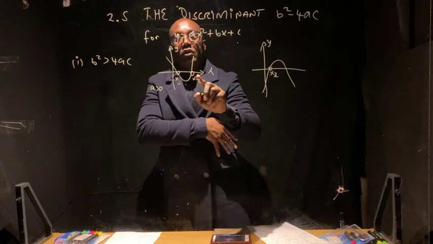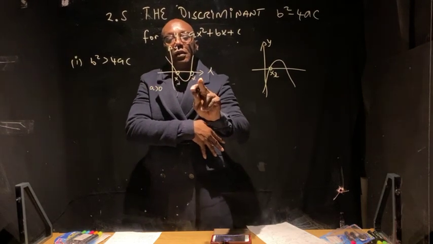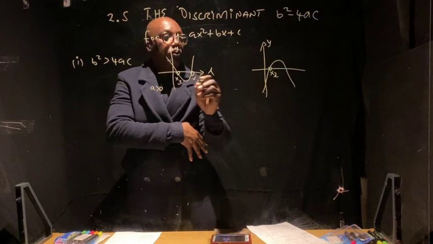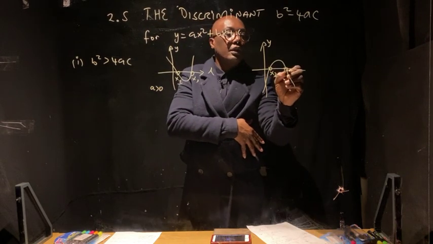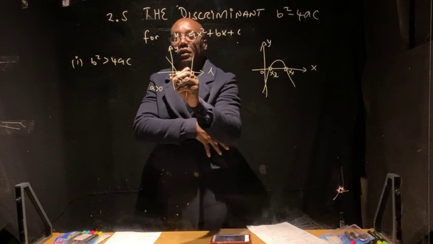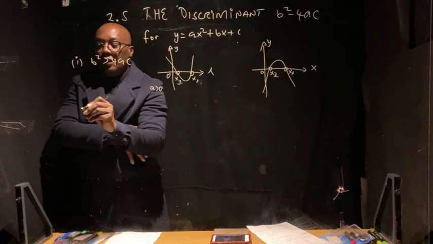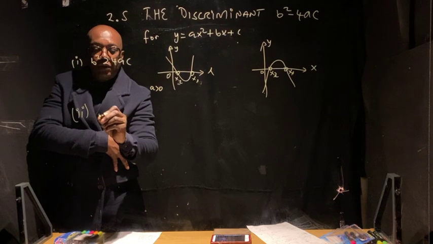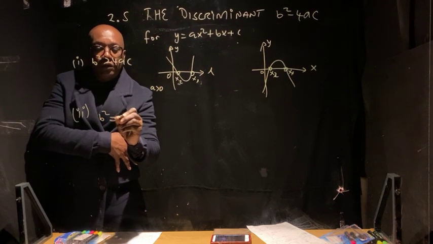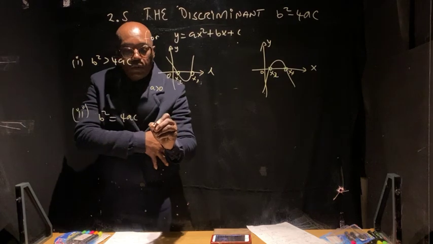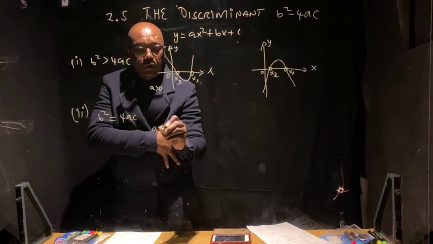I always call this one x1, x2, and this is x1, x, and this is the origin. The second case, when b squared is equal to 4ac, case 1, a is greater than 0.